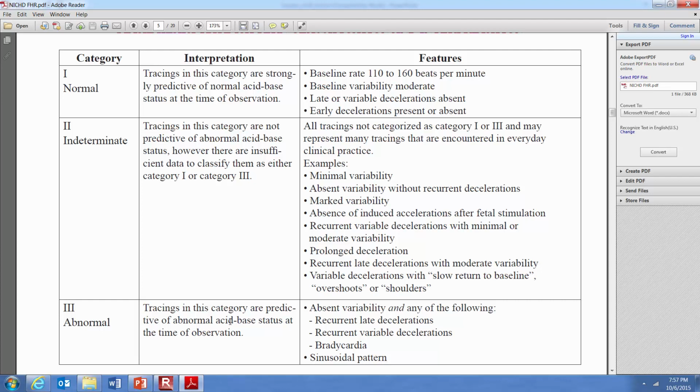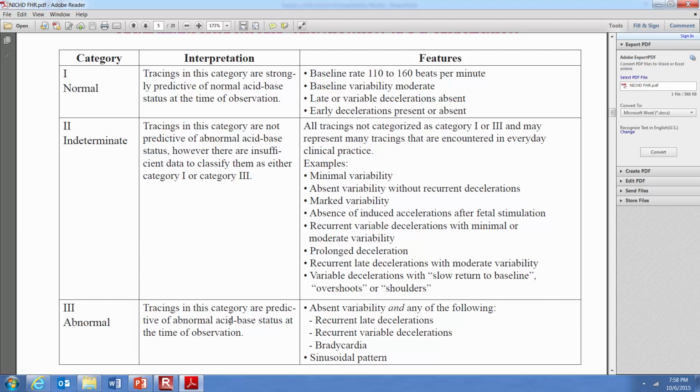Now let's just jump down to category 3. Category 3 is you have absent variability. Remember, absent variability is that straight line across. There's no variability. Your baby is not oxygenated. You have to have absent variability to be in category 3.